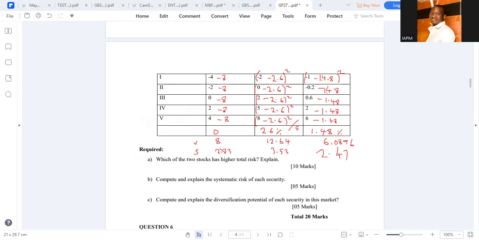But the covariance of K times the market was what? It was 0.0648. I didn't divide this one.